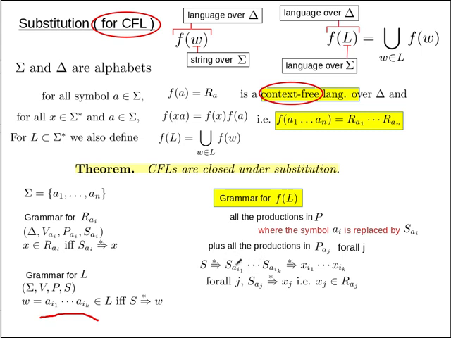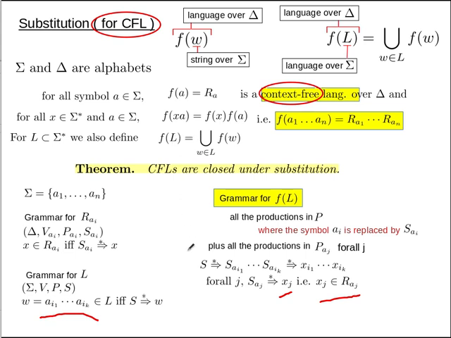And then from each of these start symbols, since we have all the corresponding productions P_Ai, you will generate some Xj which is in R_Aj. So this will be the concatenation of these, and the language will be the union of all these. And this is precisely f of L.